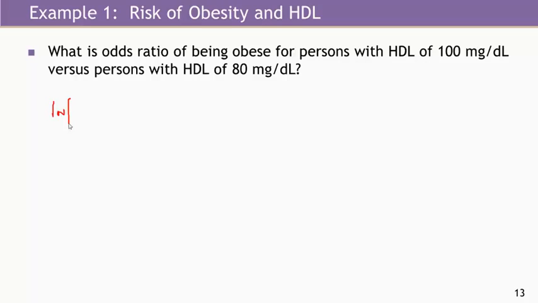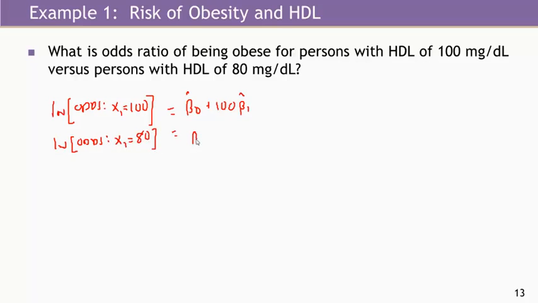The log odds when x1 is equal to 100 is the intercept plus 100 times the slope, versus the log odds when the cholesterol level is 80, which is the intercept plus 80 times the slope.